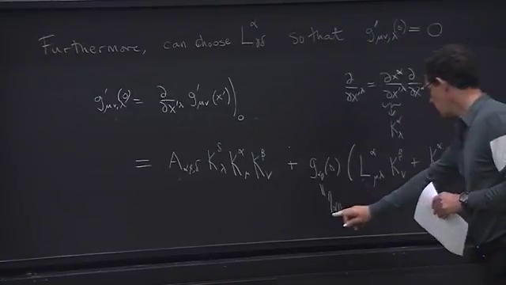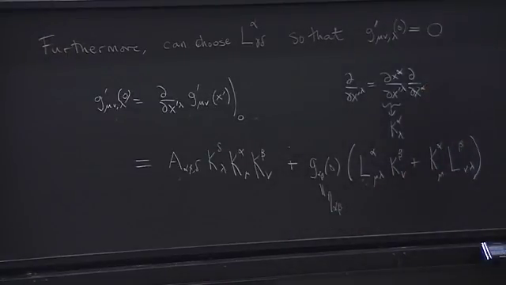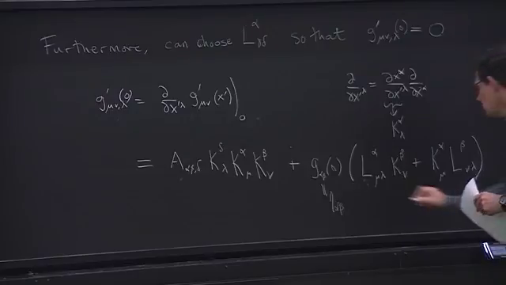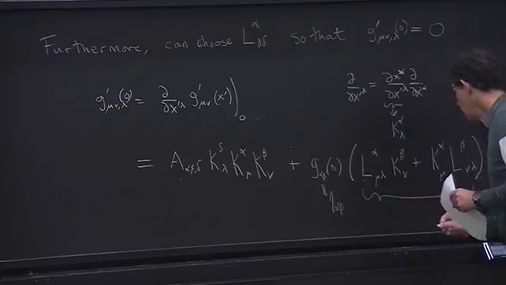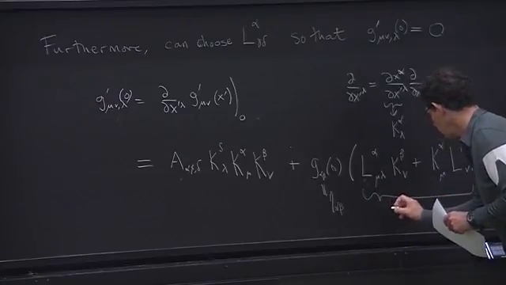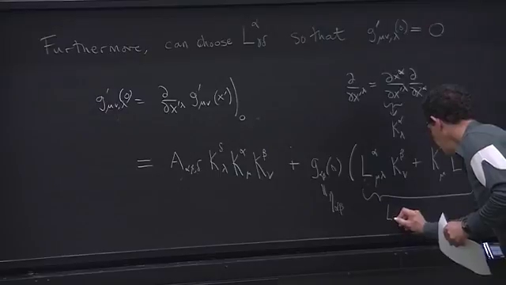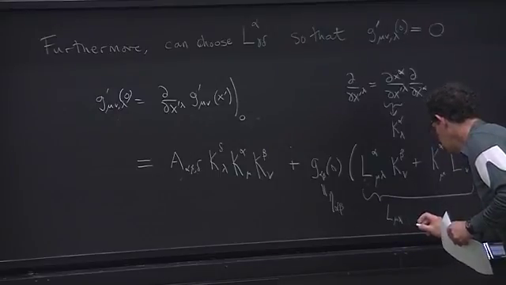Obviously I can use this eta to lower the index on K. So what I have here is a three index object, L mu lambda.